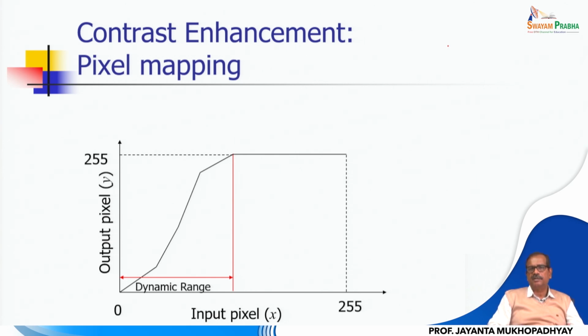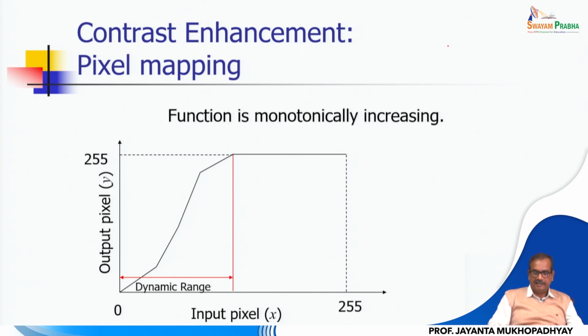As you understand from the visual point of view also, a darker pixel should look darker even in the processed image, which means it should be a monotonically increasing function. That means if the value x1 is greater than x2, then the mapped value y1 should also be greater than y2.